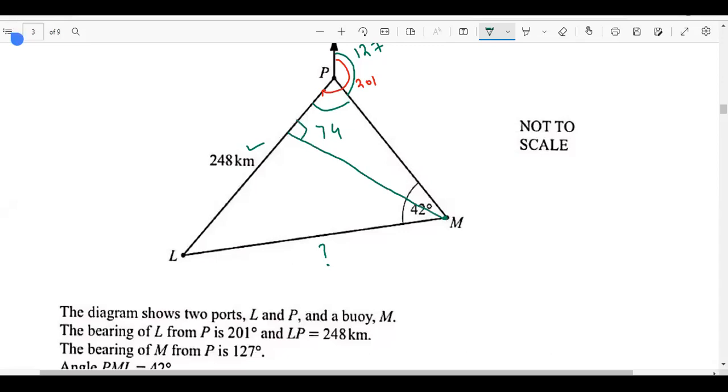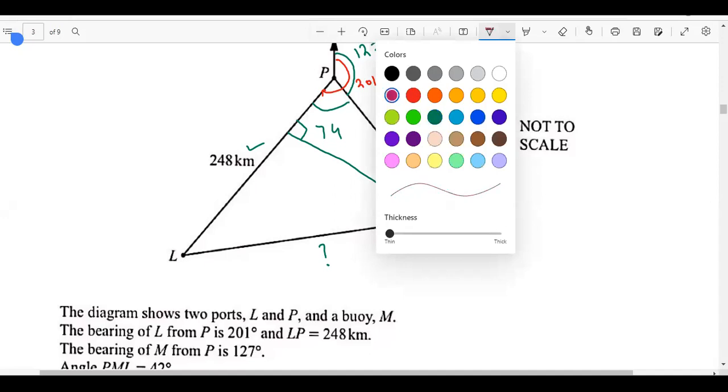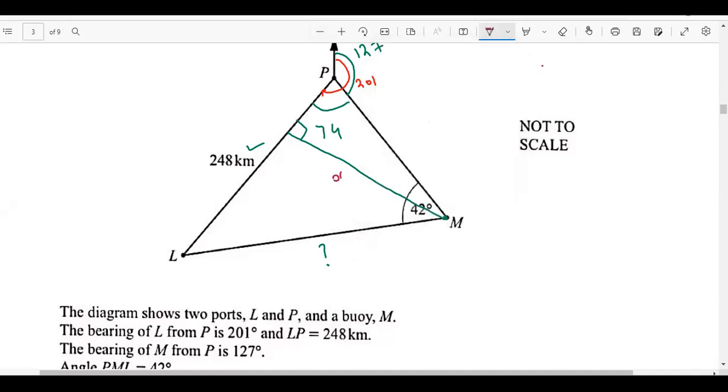Always remember, for shortest distance, we use this property that the line should be perpendicular to the other line. Now we need to find the shortest distance. So we are interested in finding out this side X. What do we know? We have a 90 degrees angle. We know it is a right angle triangle.